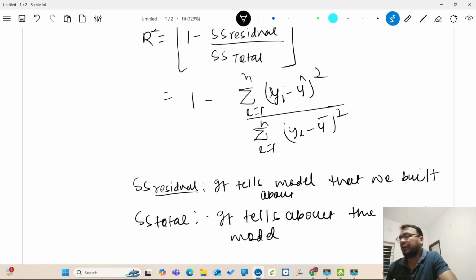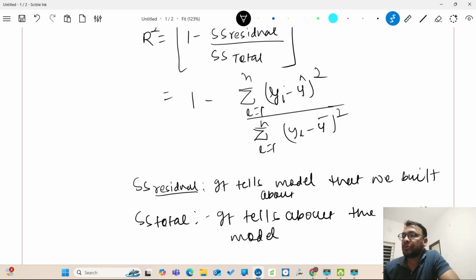If you don't know anything about the data, then you simply apply the mean, the average concept. So in the same manner, when we calculate the R square, first we consider the mean model, and then we build another model with the least squares, least error square, and then we start the comparison.